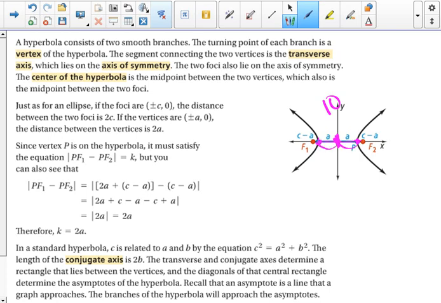If they tell you that this transverse axis is 10 units long, then we can say, okay, the vertex on the right is at 5, 0, and the vertex on the left is negative 5, 0. See? So we'll use it like that. So the center of the hyperbola is the midpoint between the two vertices. Here it's just the origin, and for all of our problems today, it's going to be the origin.